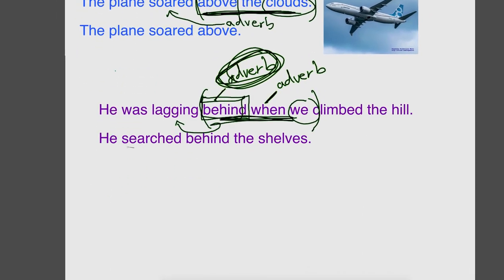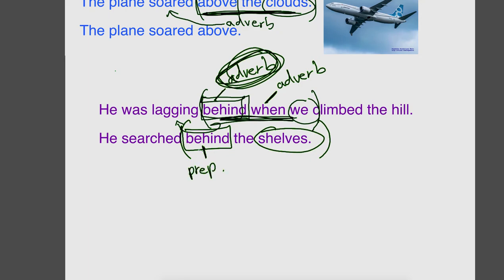Okay. He searched behind the shelf. So what is the preposition word? Or what could be the preposition word? Yeah, so behind again, right? Behind, is there an object or noun at the end? Yes, right? Shelves. So if there's an object with the preposition, it's a preposition.